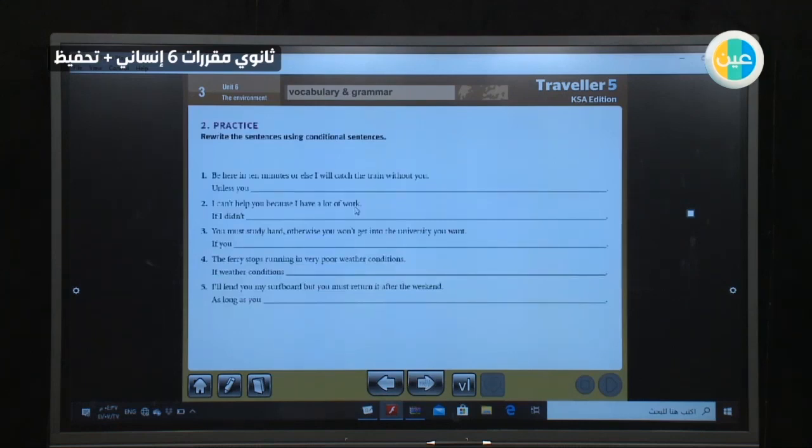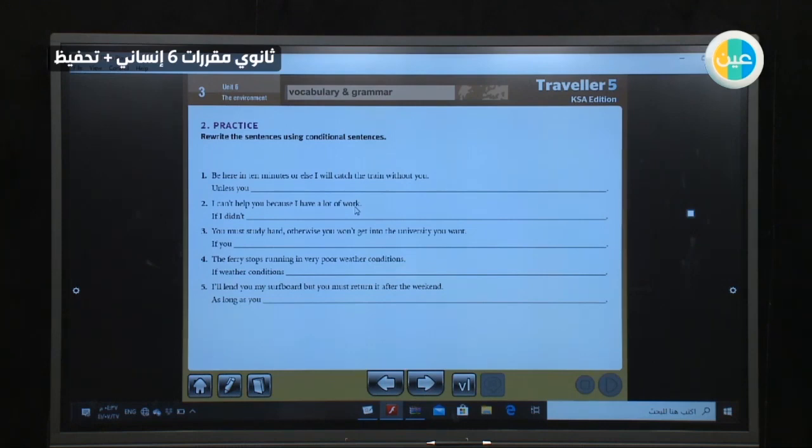Okay, look at the first sentence. Rewrite the sentences using conditional sentences. First sentence is, be here in 10 minutes or else I will catch the train without you. Instead of if, we will use unless.